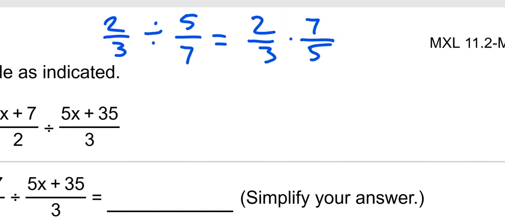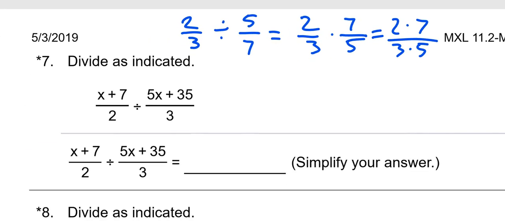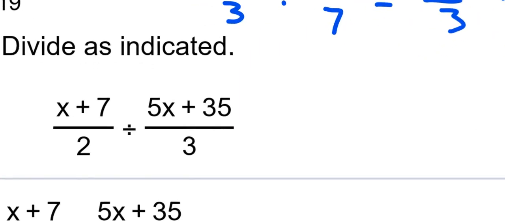Now, don't you dare say cross multiply. What we did just a few minutes ago... It would be X plus 7 over 2 times 3 over 5. Let's factor it first.